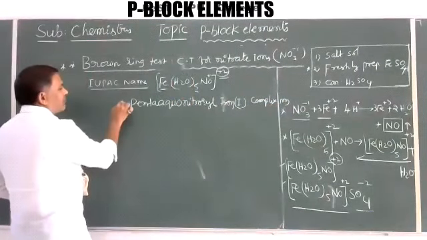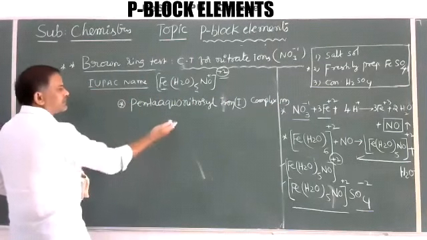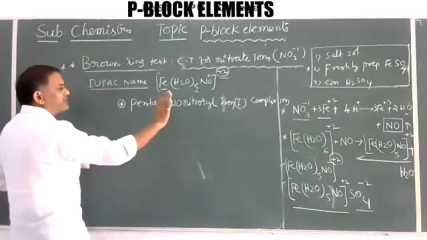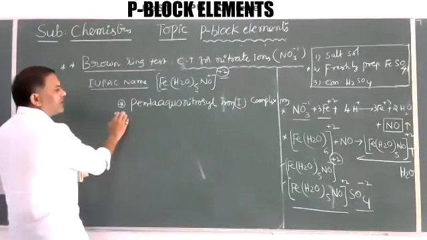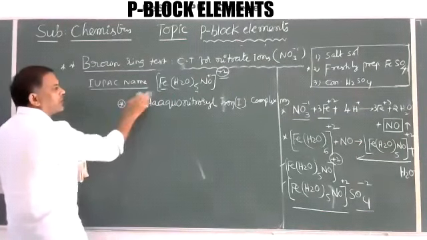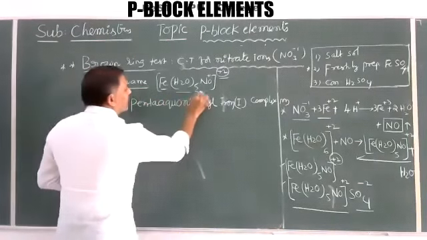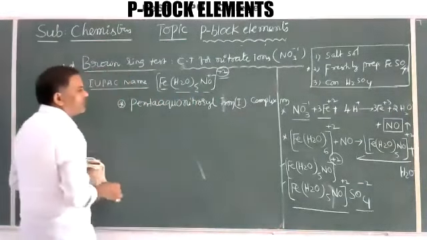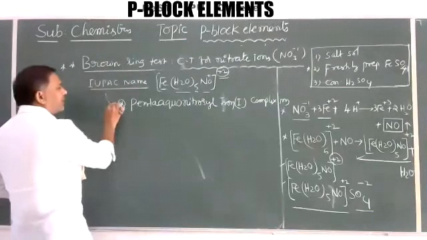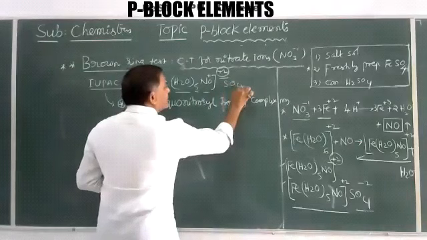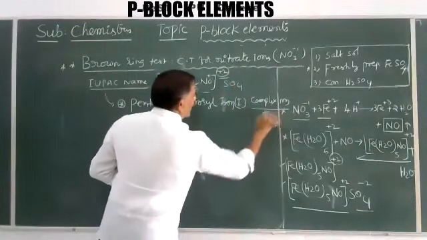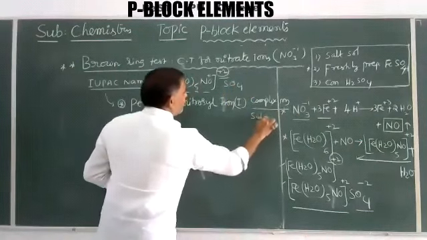Just remember the name in coordination compounds. In the next inorganic unit, there are some important rules and regulations for writing the IUPAC name. They will be explained very clearly: how to write the name, ligands, rules and regulations. This is the correct IUPAC name of this complex. If SO4 is there, instead of writing complex ion, better to write sulfate.